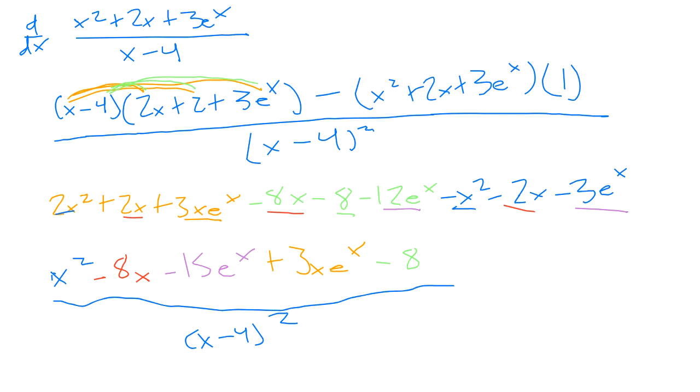So now let's go ahead and try something a little different. Let's say that we have a function h of x, and h of x is equal to g of x times f of x.